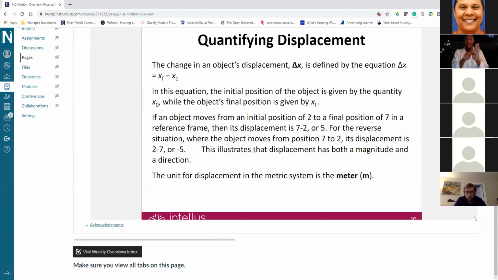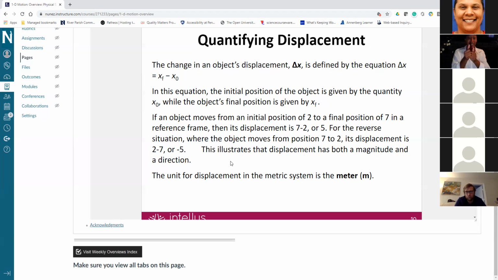Okay. All right. And we'll look at that just a little bit more here shortly. But I'm highlighting something very important for you, that this displacement property can be positive or negative, whereas distance, which is how far the object moves, can't be negative.